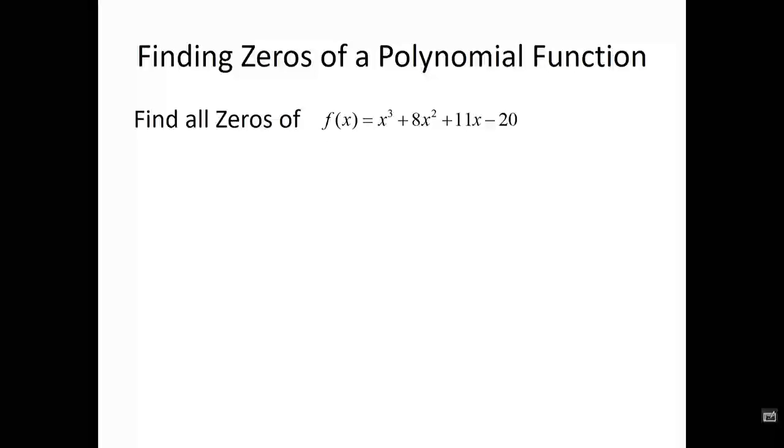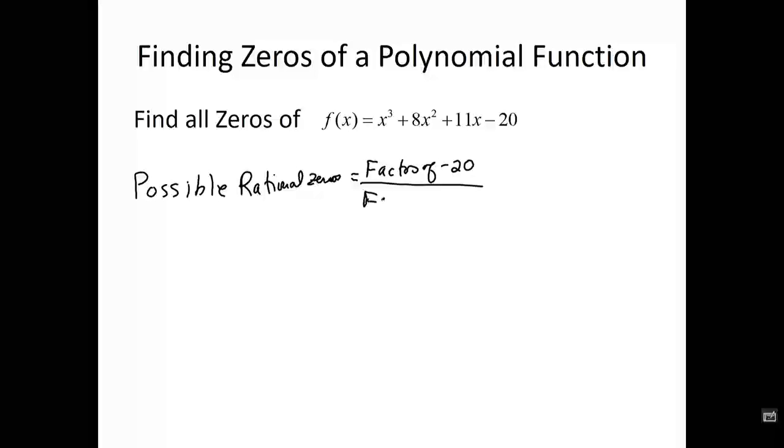All right, so the possible rational zeros are, all right, we want factors of the constant term, so the factors of negative 20, divided by factors of the leading coefficient.